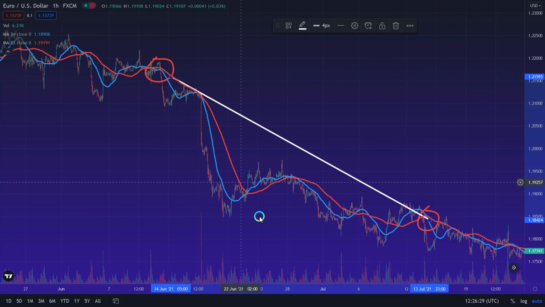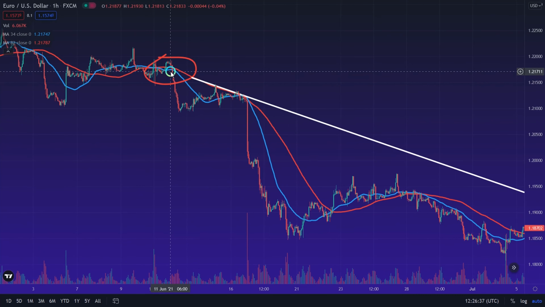Now if you take a look at it closer, right there this rule is perfect. The condition is great because the blue line is below the red line. So okay, our first condition is good to go.